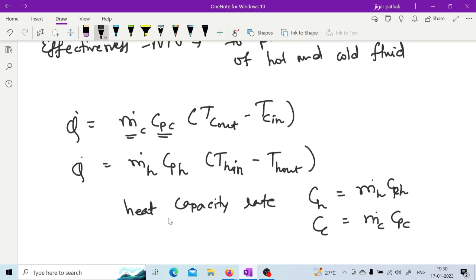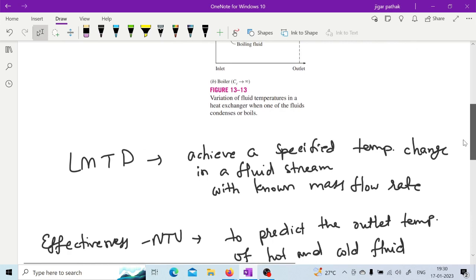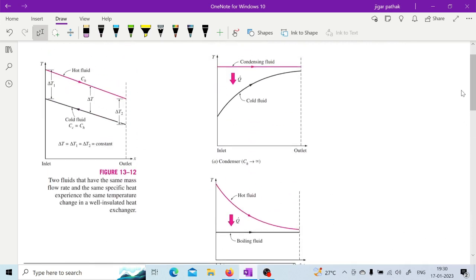If you see this particular figure, there is a constant temperature difference throughout. What it depicts is that Cc is equal to Ch, only then can this temperature difference remain the same throughout.